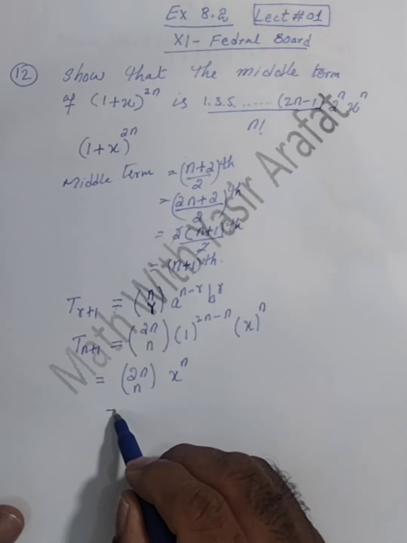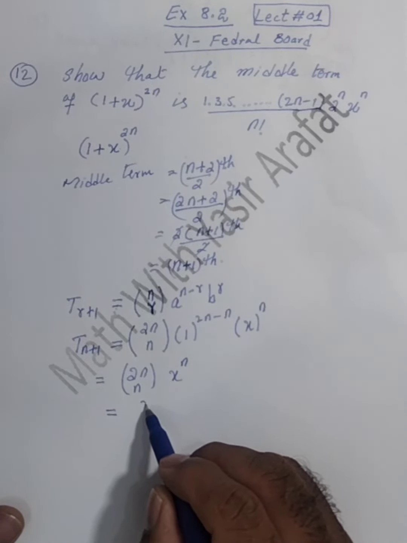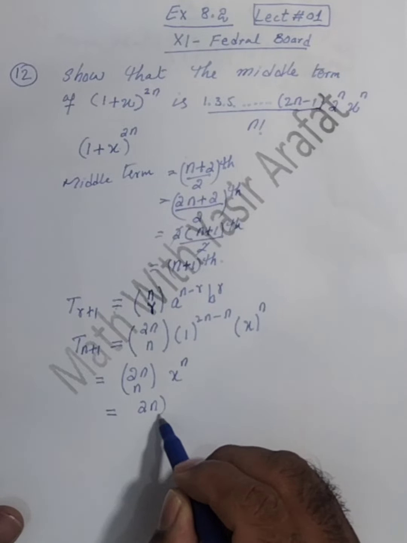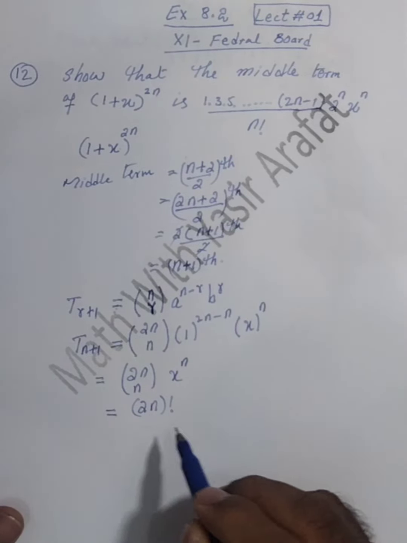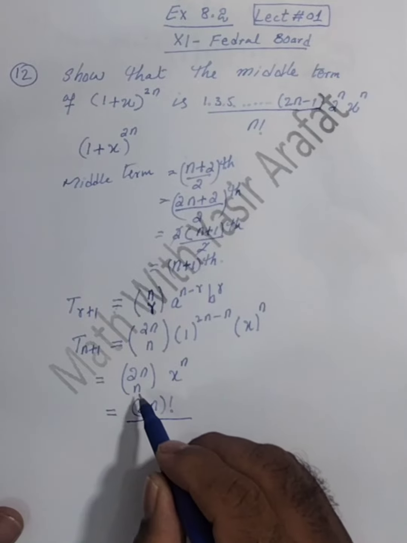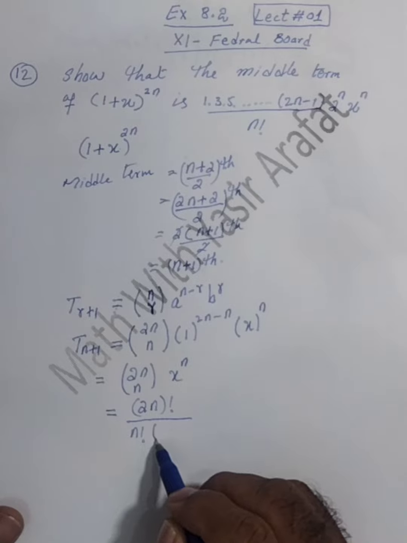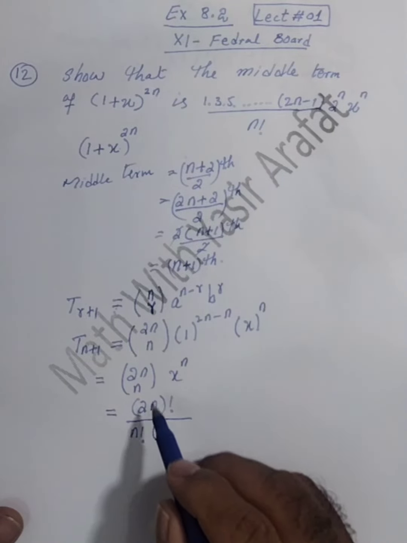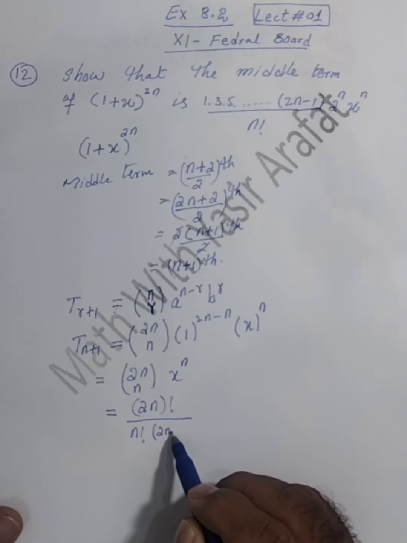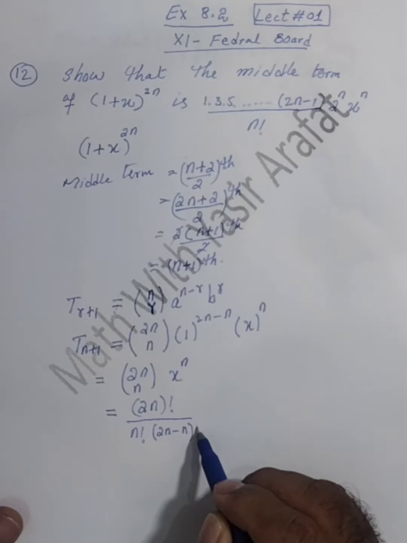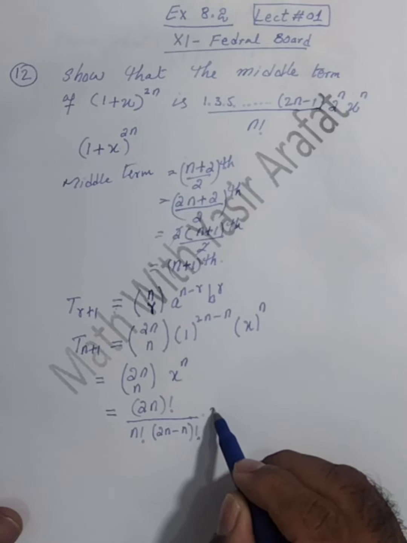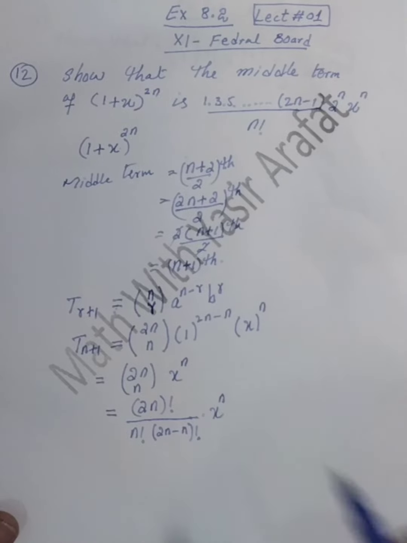So this is 2n factorial, then r factorial, r means n factorial, and then n minus r, that means 2n minus n factorial, into x power n remains the same.